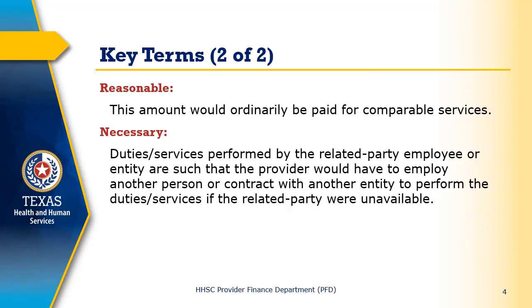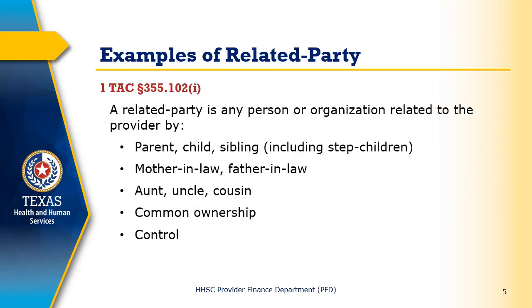The next term we will discuss is related party compensation. According to 1 TAC Section 355.102(I), a related party includes any person or organization connected to the provider through familial relationships such as parents, children, and siblings. The definition extends to in-laws, including mother-in-law and father-in-law, as well as more distant relatives like aunts, uncles, and cousins.